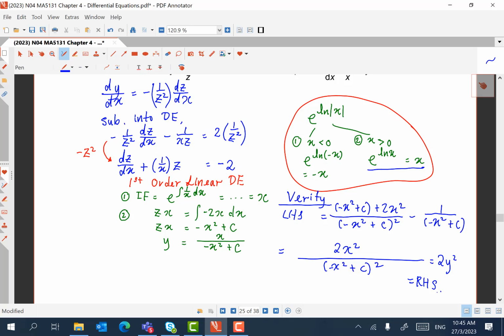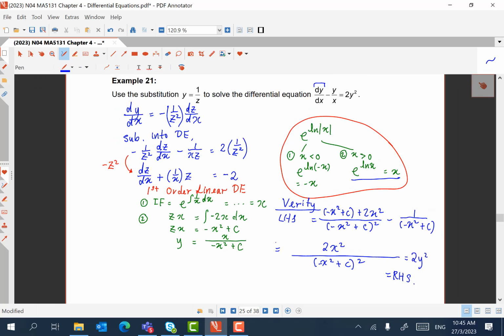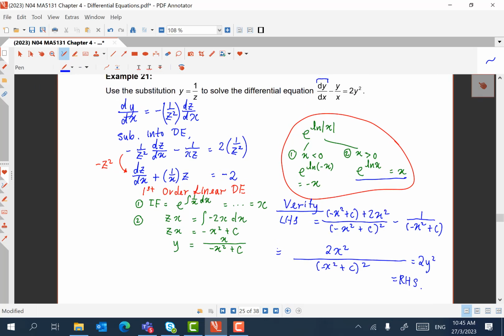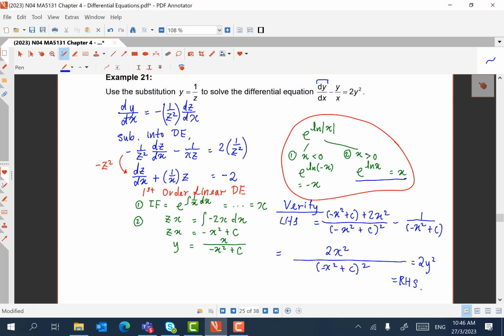Then after the thing works very well, you can justify that everything all fall in place by verifying that the solution does indeed satisfy the DE. You know what I mean? So that will ease off your discomfort about just taking e to the power ln x as just e to the power ln of modulus x, right, as just x.